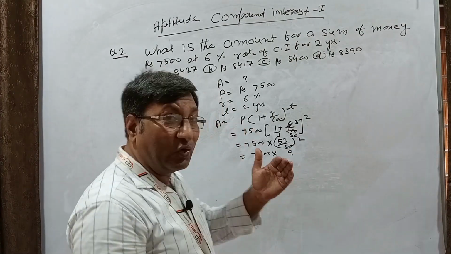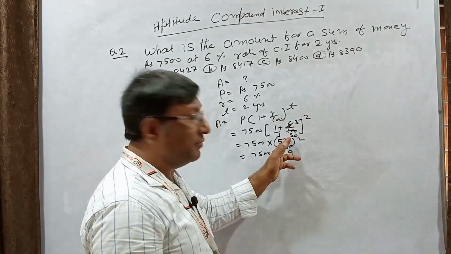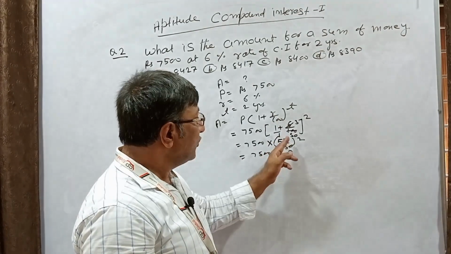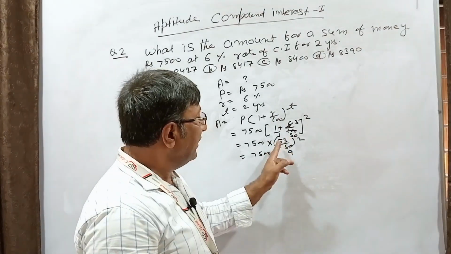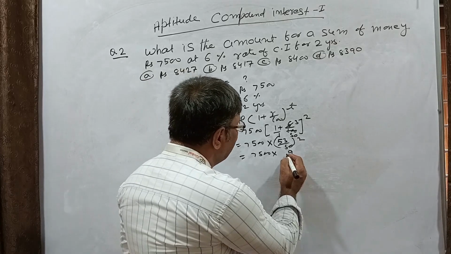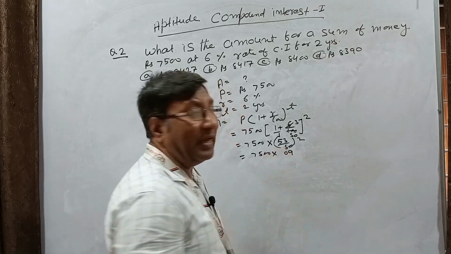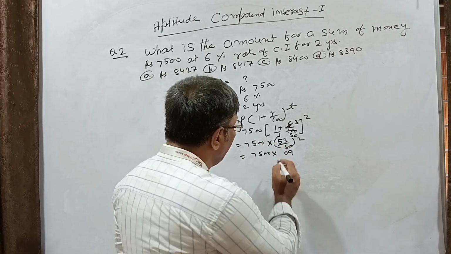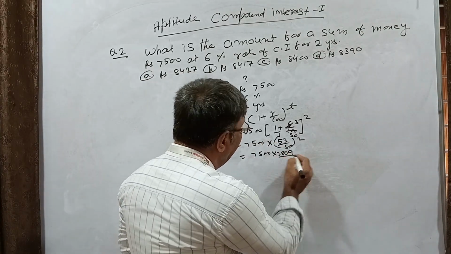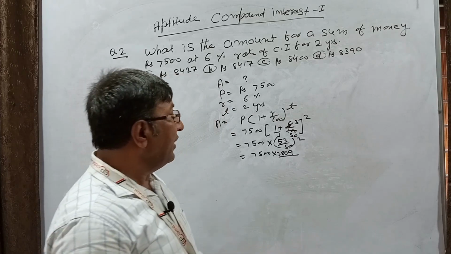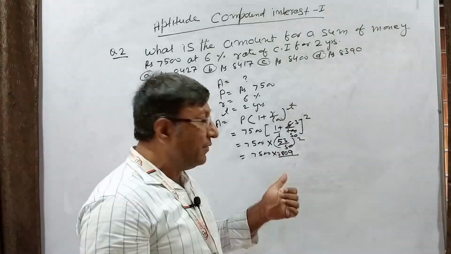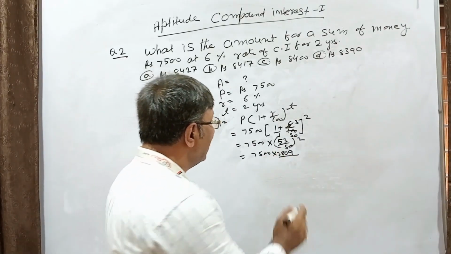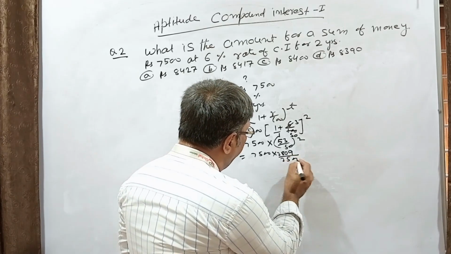Second step is to multiply first number into second: 2 threes are 6, 6 into 5 is 30. So this is 0 and we have carry 3. 5 square is 25 and 3 is 28. So this is 2809. And 50 square you know well: 5 square 25 and 0, so put 2 zeros. So this is 2500.